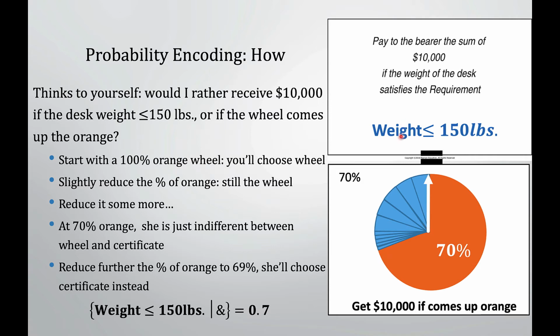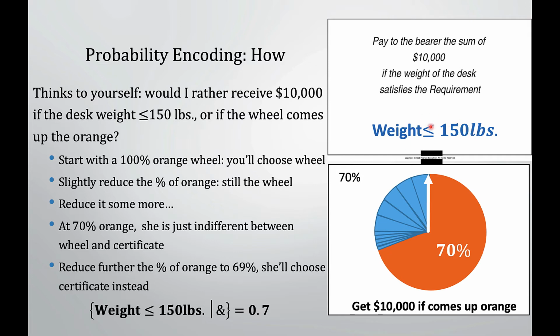Your belief that the desk weighs below or equal to 150 pounds, and we represent that belief with the probability of 0.7. Again, here we use the notations that we've developed in this class to represent that succinctly. So you can use this process for a lot of things. Just change the upper deal to any uncertain deal that you're considering.